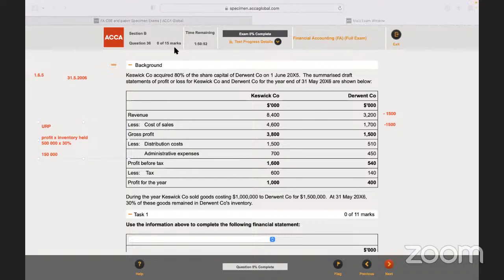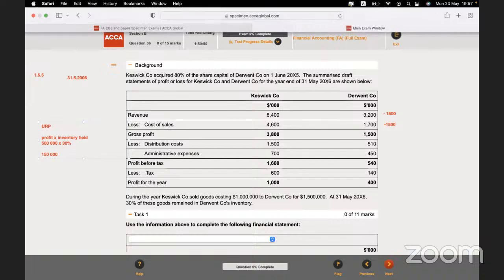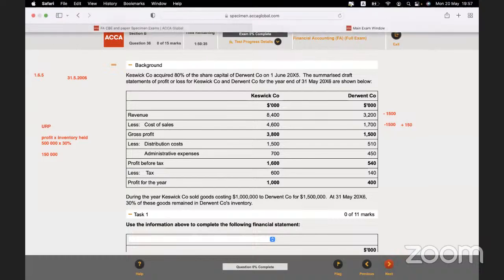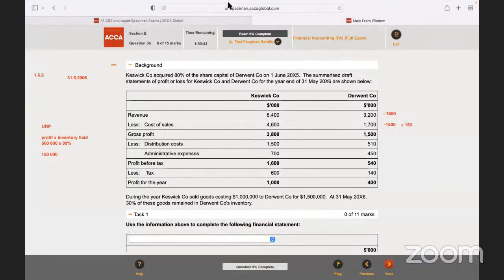So as we all know, normally with URP, you should add it to cost of sales. So you mark it over there plus 150. This is how you have to do the two adjustments given over here. Now that we know the answers, let's start selecting them one by one. Can you check and see with this 1.5 million and 150, are you all okay?